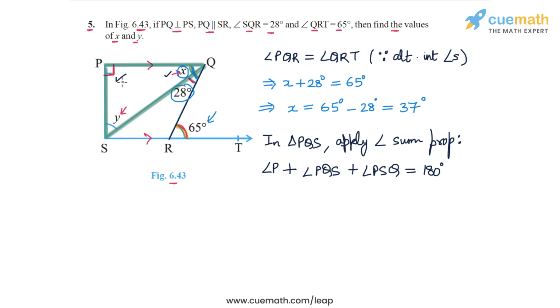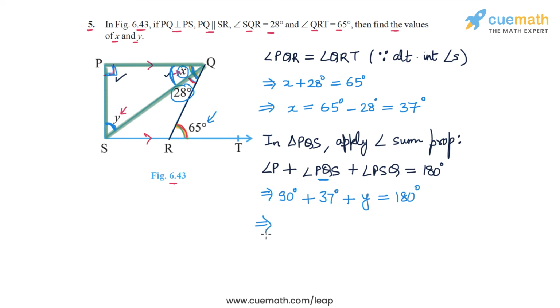Now angle P is 90 degrees. So 90 plus angle PQS, which is X, which we have found as 37 degrees, and angle PSQ, which is Y, is equal to 180 degrees.